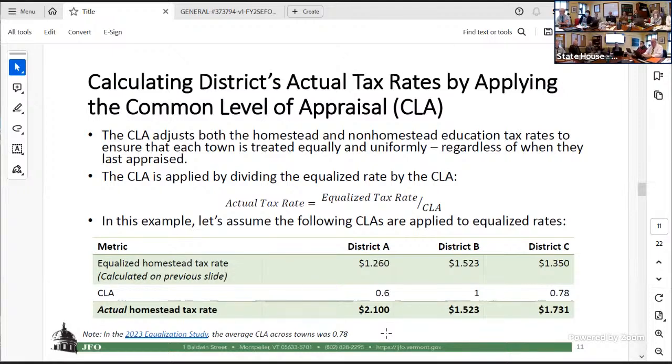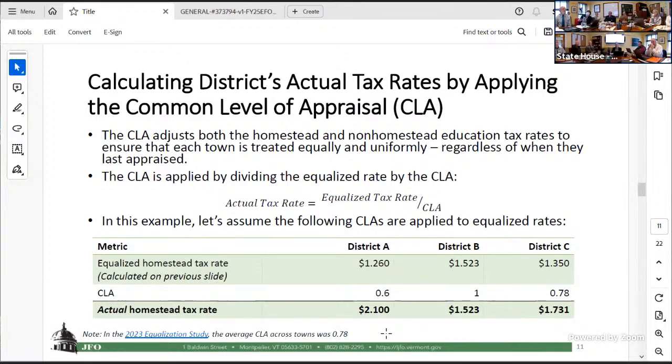Jake probably knows that number off the top of his head. And then if you were to adjust the yield, it would need to change to account for fewer dollars coming into the education fund. You just watched my mind work through that.